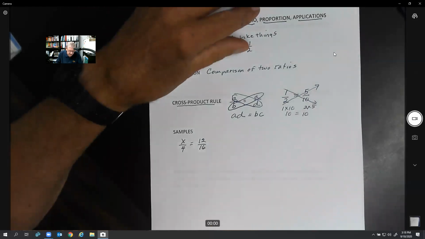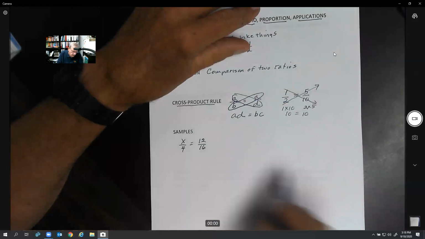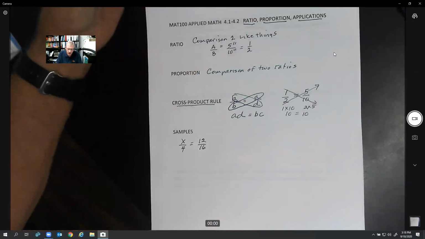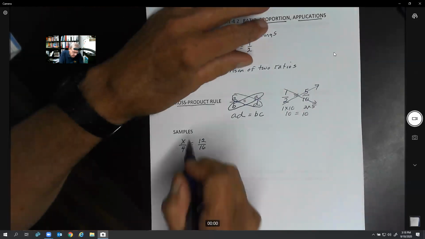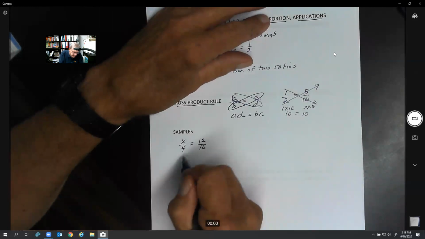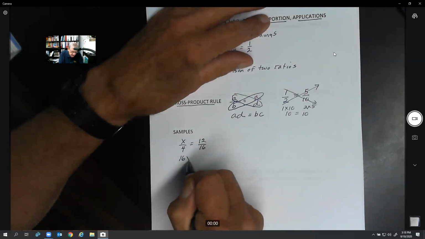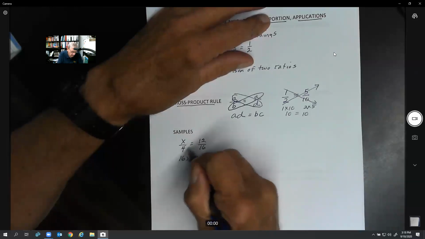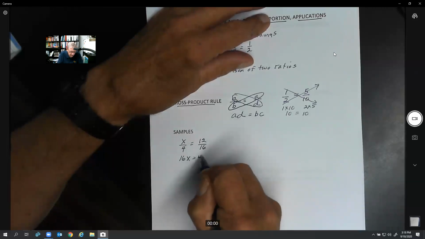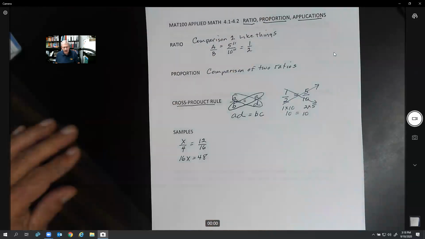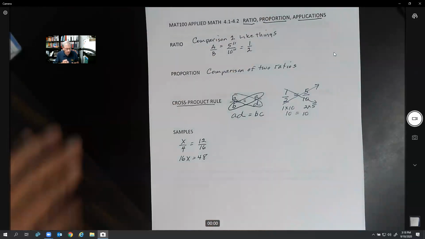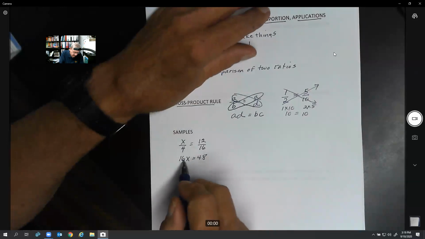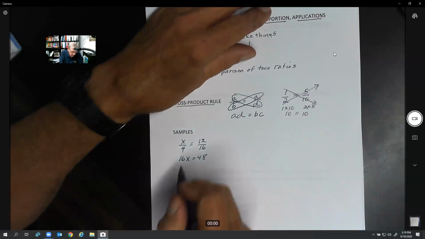So to solve this, I'm going to show you the long way, and I'll show you a shortcut. We're going to multiply x times 16, 16x, the product of the extremes. And then we're going to do the product of the means, 48. Whatever number is in front of the x term, we're going to divide by it.